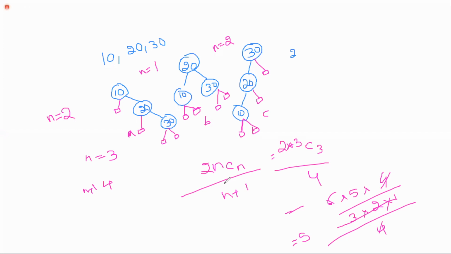So in dynamic programming, I'll tell you how the question is given. Before that, first I'll show you what the successful search probability and the unsuccessful search probability are. Another example I'm considering: the keys 10, 20, 30, and 40.